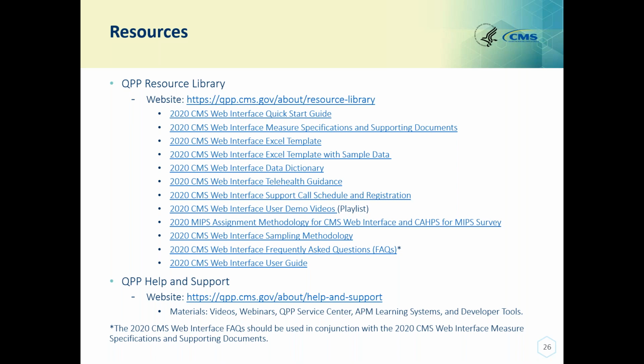We'll continue to communicate any future postings in upcoming messaging. Additionally, the Help and Support webpage on the Quality Payment Program website contains links to materials such as videos, webinars, and online courses, as well as other items to help with reporting and development.